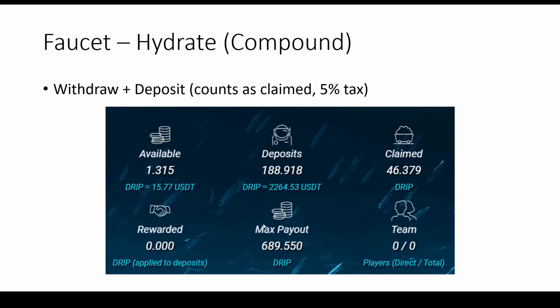So what I have left in terms of being paid out on this platform is this number minus this number, because I've already claimed this amount. So my max payout is no longer really this number. You have to subtract that because you've already claimed some of your payout. And again, even if you do a hydrate, it counts against your claims.